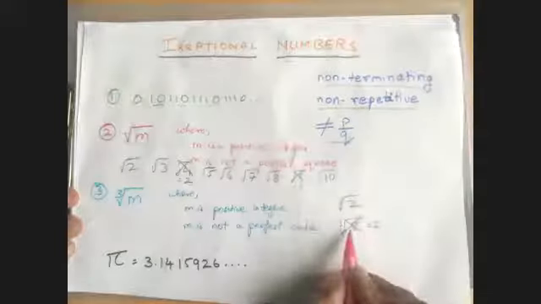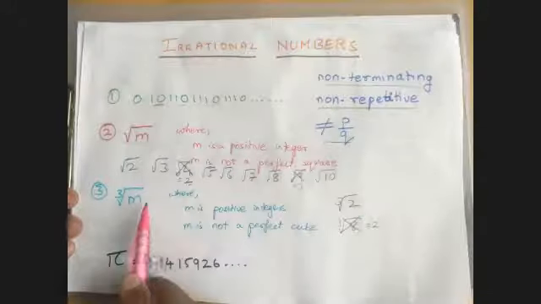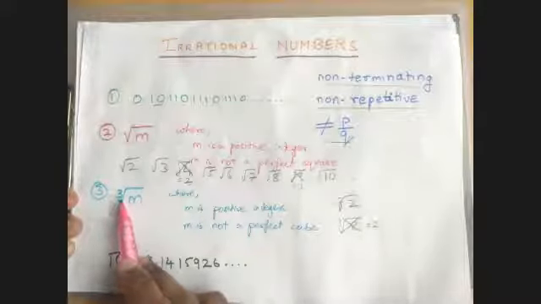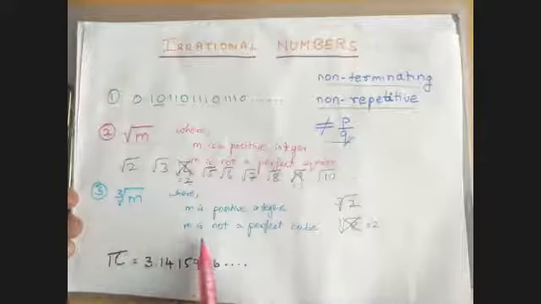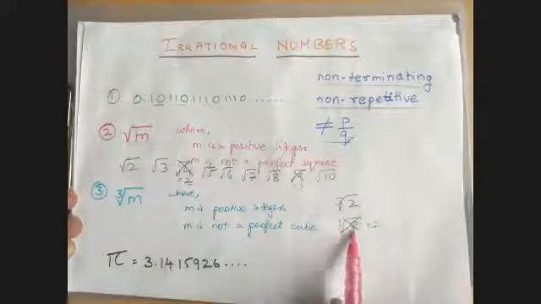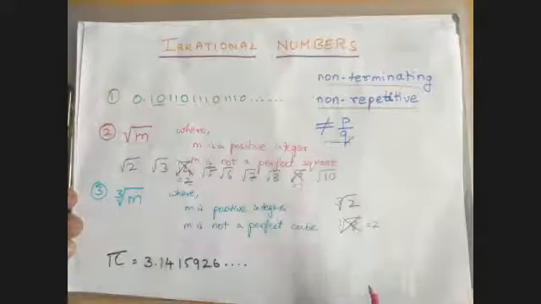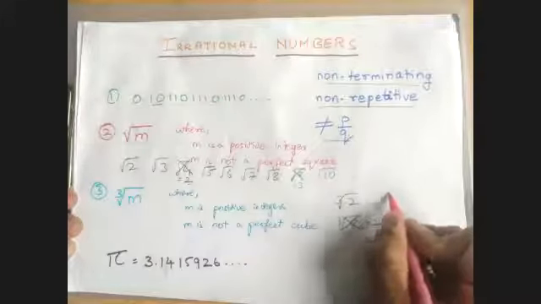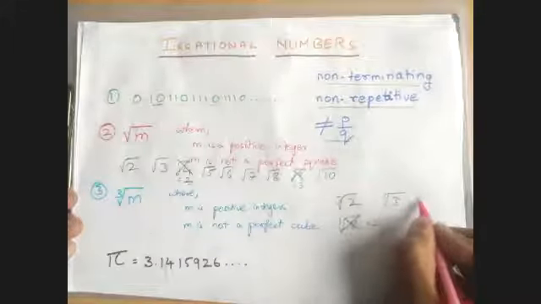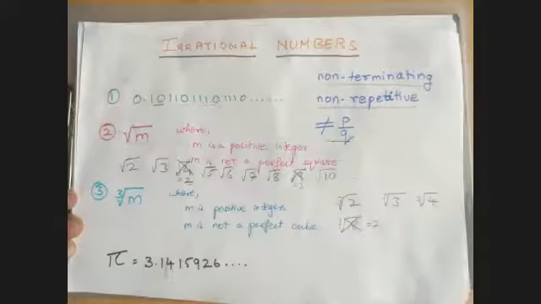So this is not an irrational number. So cube root of m, where m is not a perfect cube, is irrational. Cube root of 3 and cube root of 4 are also valid.